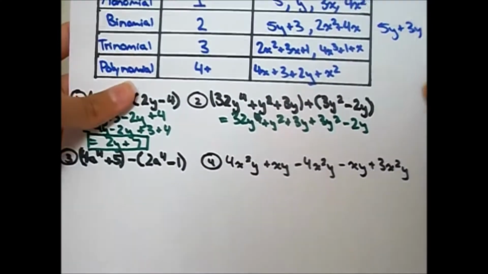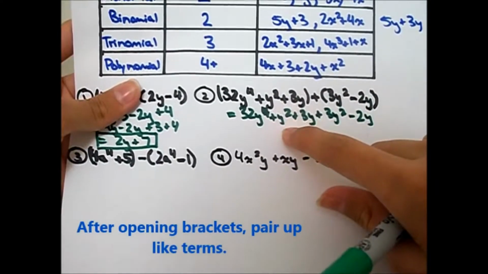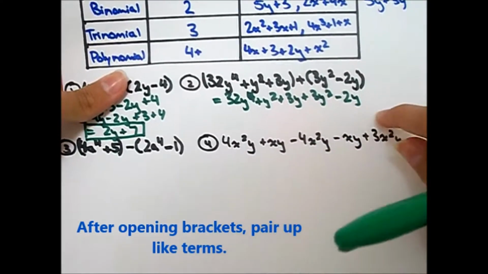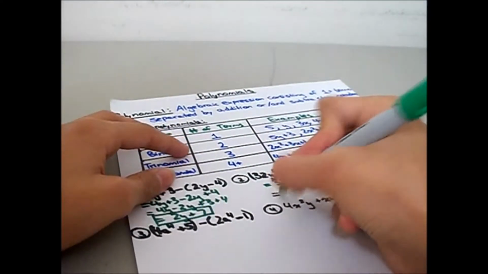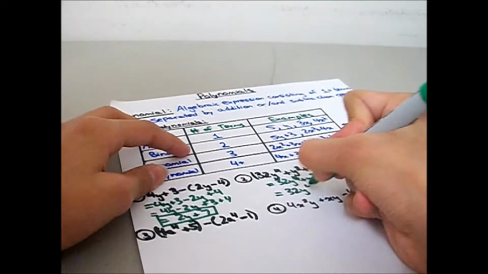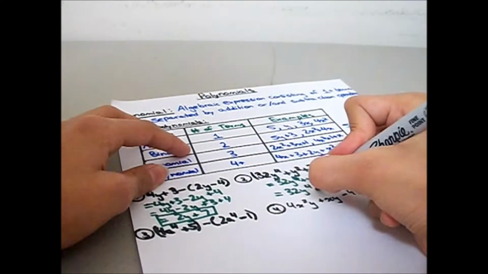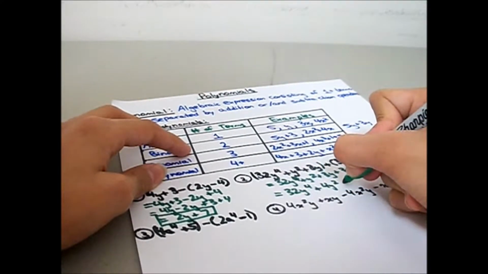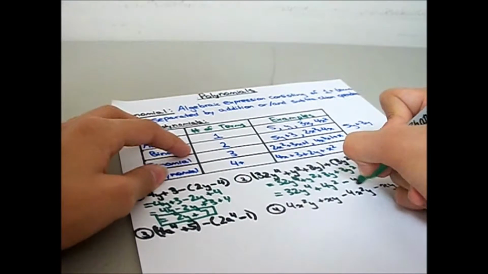And so our like terms are y squared and 3y squared, and 3y and negative 2y. Simplify it to 34y to the power 4 plus 4y squared minus y.